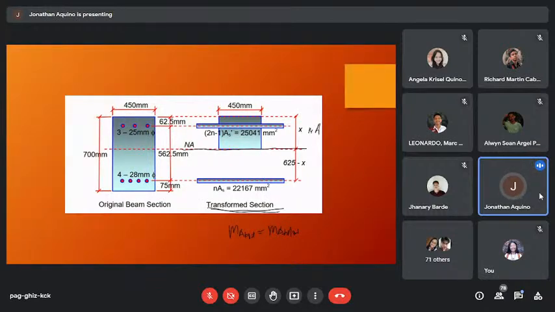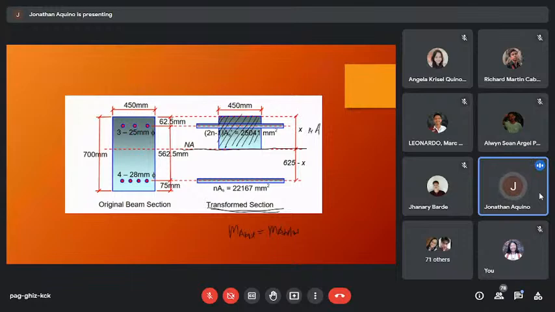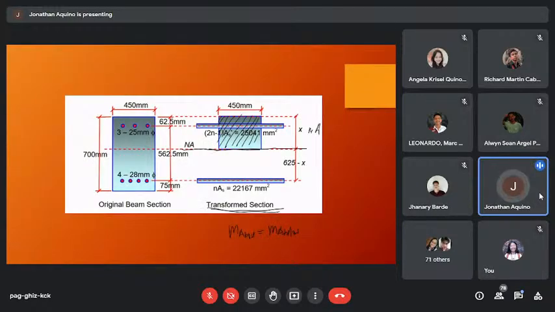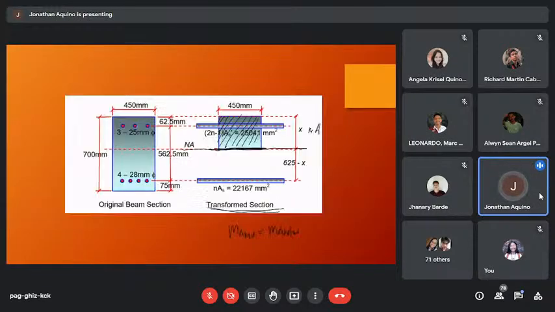So knowing the location of the neutral axis, we can now solve for the moment of inertia. The moment of inertia is that of the rectangular concrete section, equal to 450 times x cubed divided by 3, the moment of inertia about the base of the rectangle, plus the moment of inertia of the equivalent compression steel to the centroid, which is equal to AD squared.